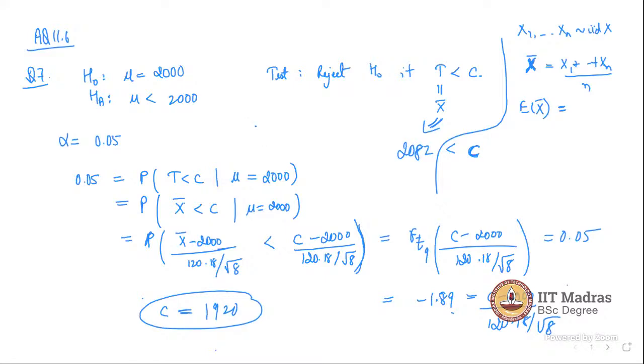Then in this question, we just have given one sigma. Diameter of rings manufactured in the company have a standard deviation of sigma equals 10 centimeters.